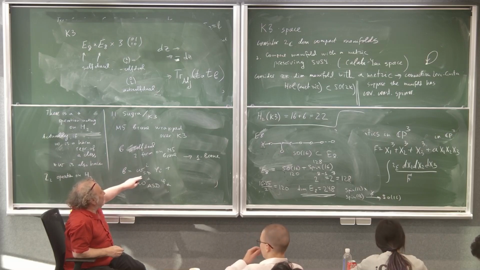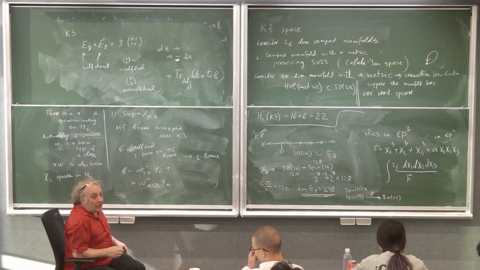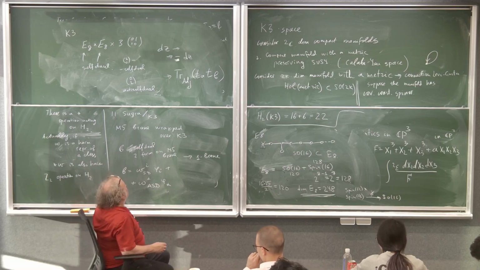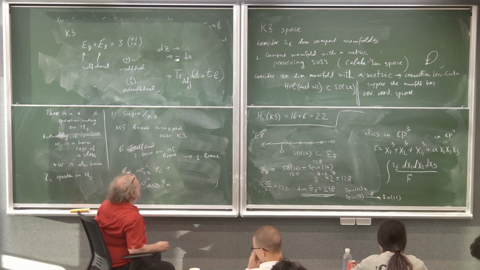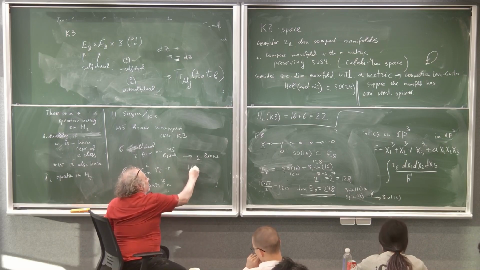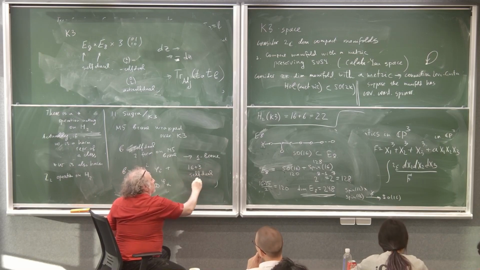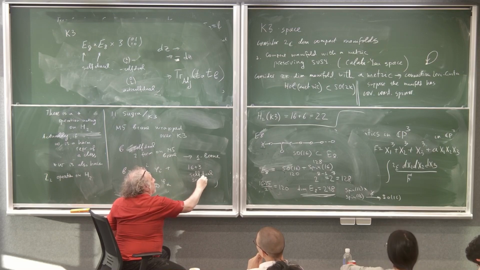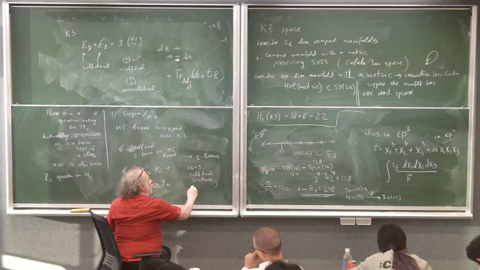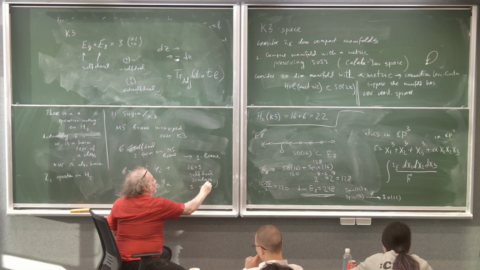And on this one brane, there are 16 plus 3 self-dual scalars and 3 anti-self-dual.